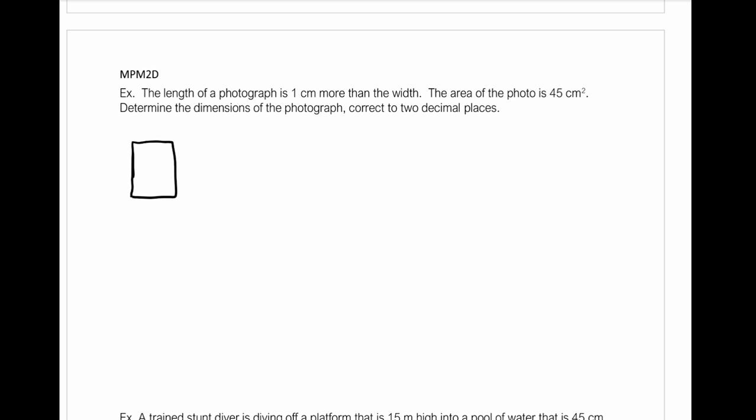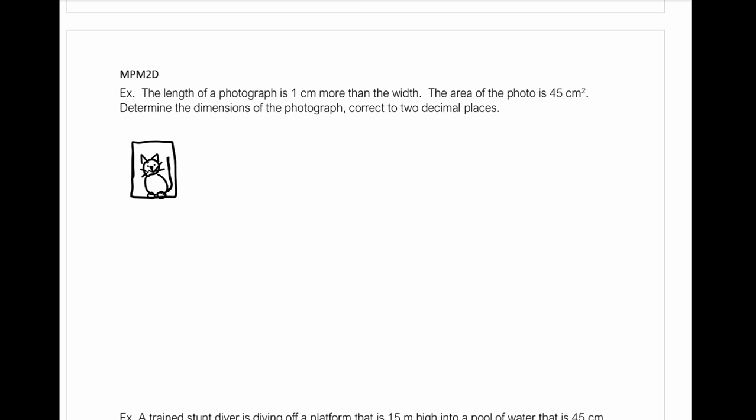So if this is my photograph here, I think in the notes there may be an actual picture, so let's just draw one here. So the dimensions of this picture, we have our width, let's call it x, and the length.